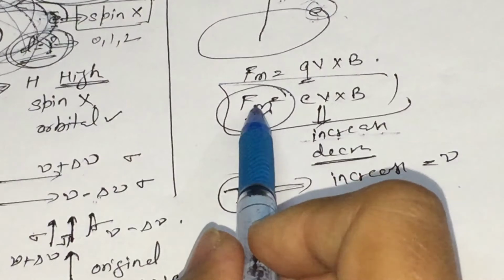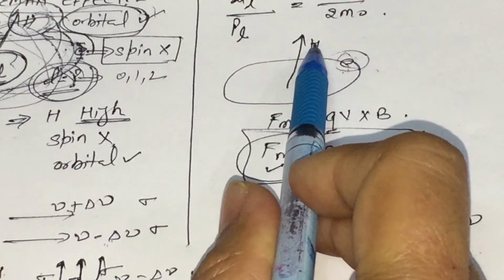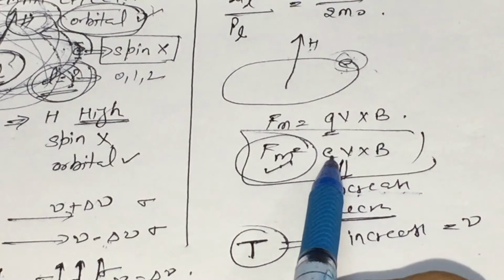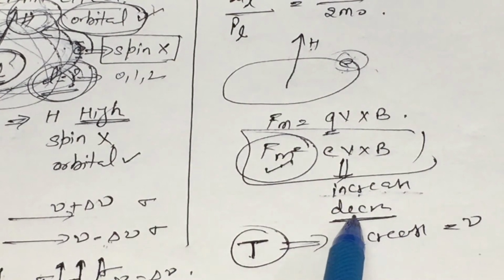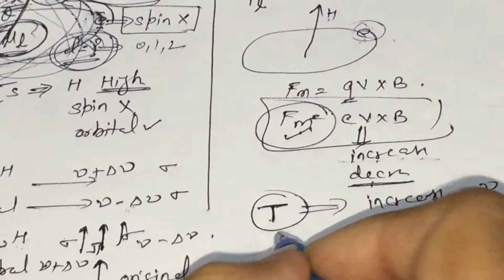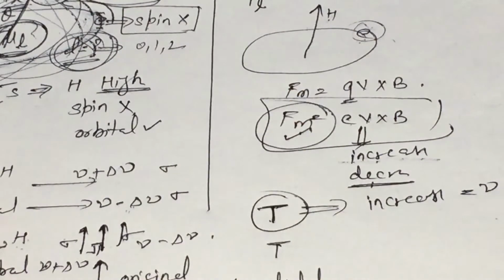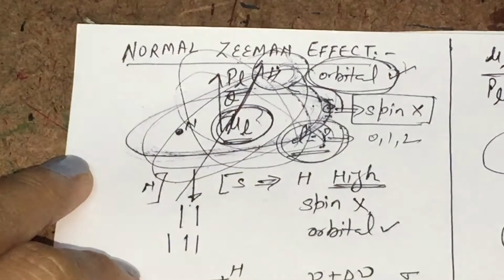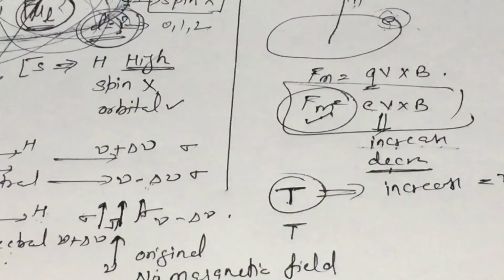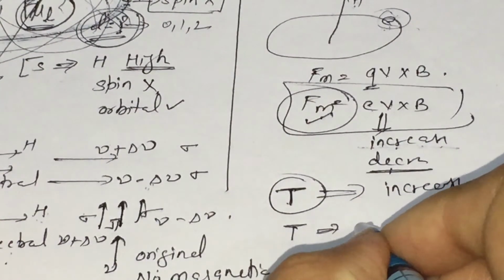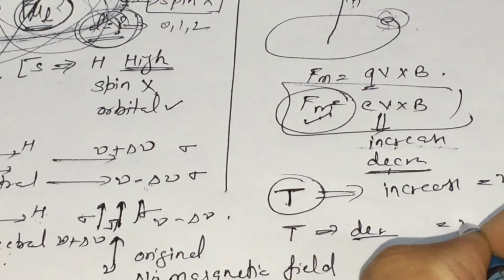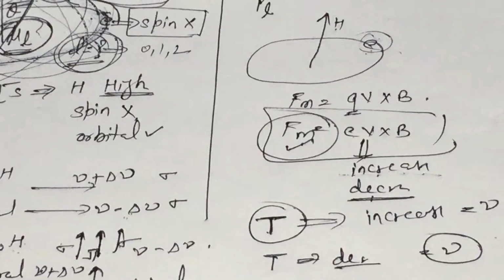If the applied magnetic field applies a force such that the velocity of the electron decreases, it means we are increasing the time period of one revolution, so we are decreasing the frequency.